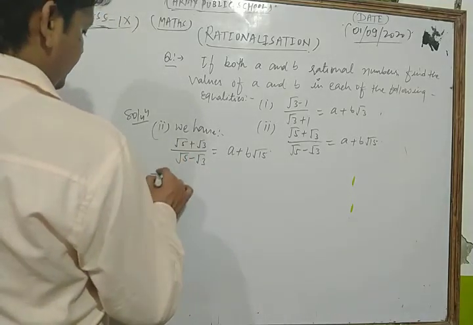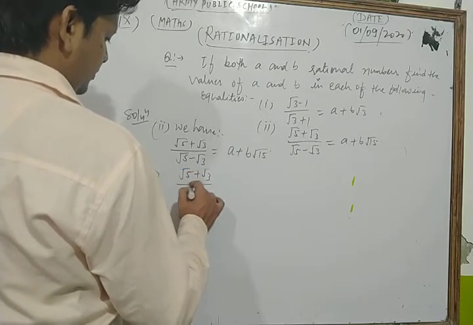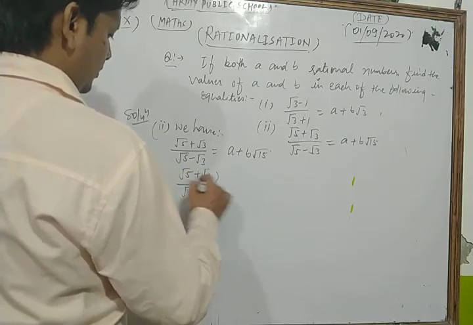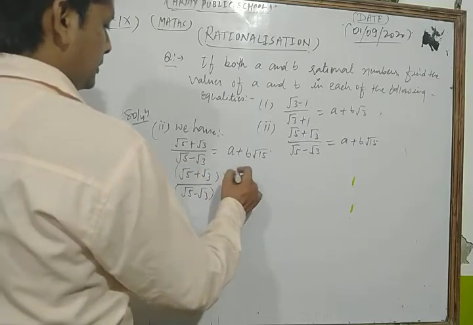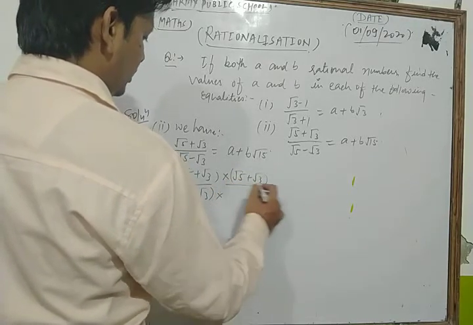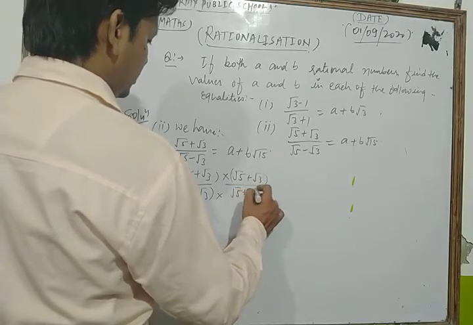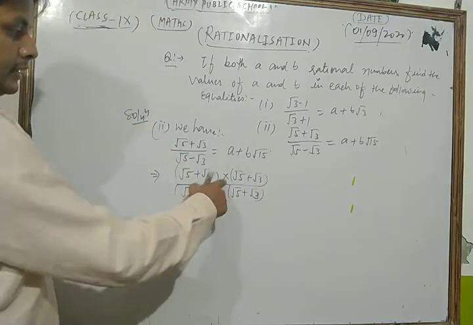Here the denominator is root 5 minus root 3, so we must multiply by root 5 plus root 3. Okay, the conjugate of the denominator is this.